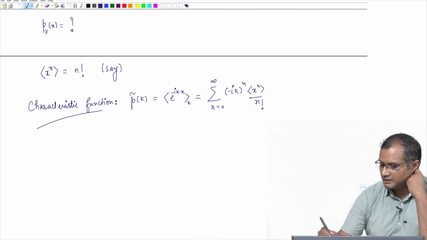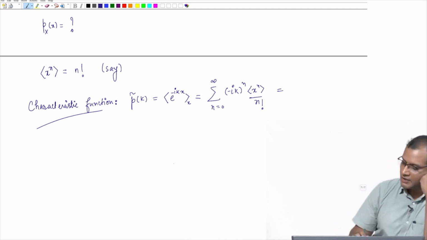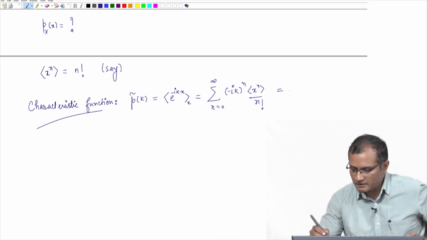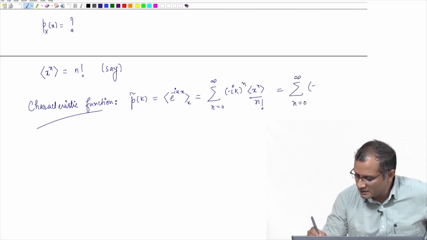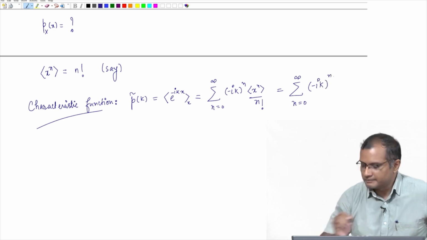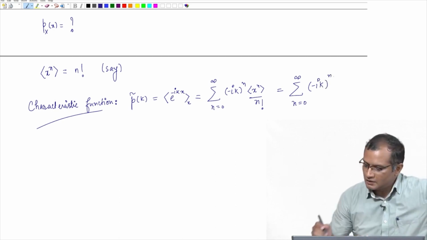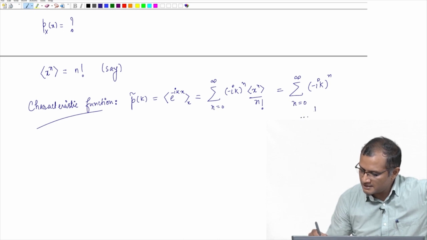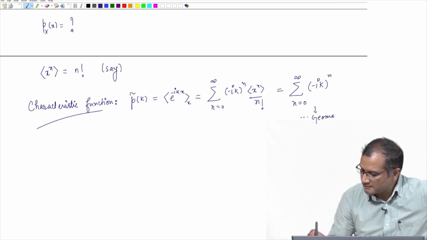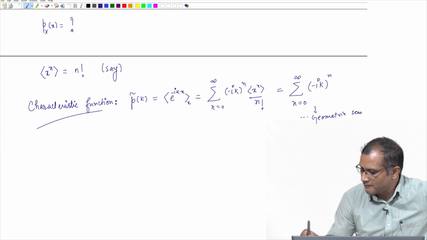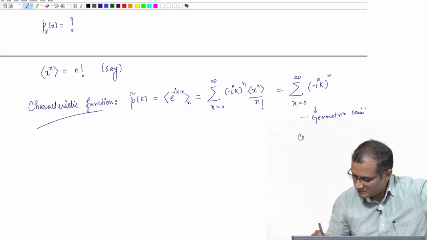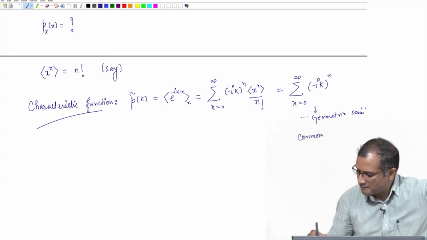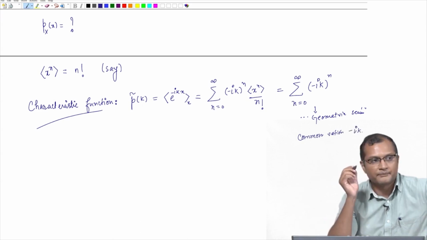Now, I have already given the averages. So, the nth averages are distributed as n factorial. So, this is going to be nothing but just n going from 0 to infinity, minus I k to the power n. Now, you can easily see that this is a geometric series with a common ratio minus I k. Okay.